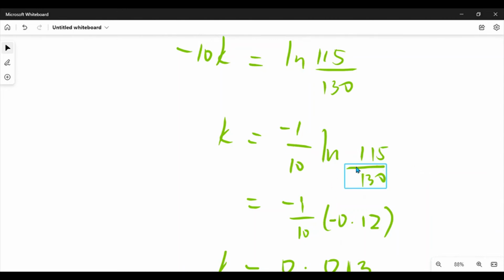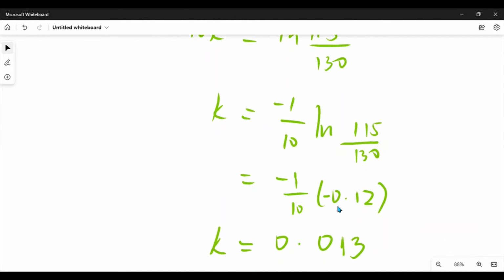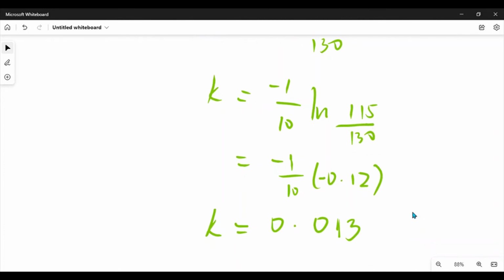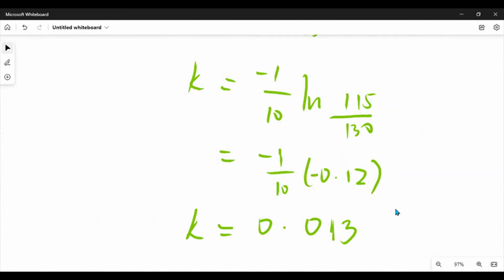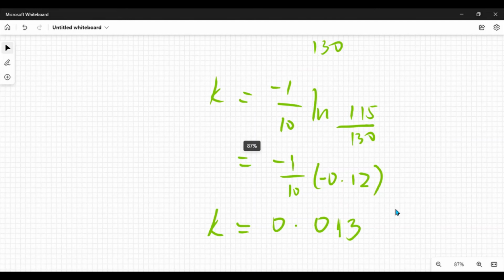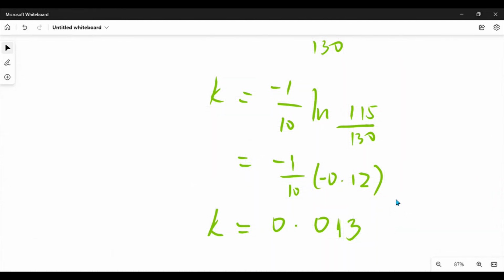Approximately, the value of the natural logarithm of 115 over 130 is negative 0.12. And if you multiply that, that's equal to 0.013. The solved value of k here might change depending on the number of decimal places that you considered in getting your natural logarithm of 115 over 130.